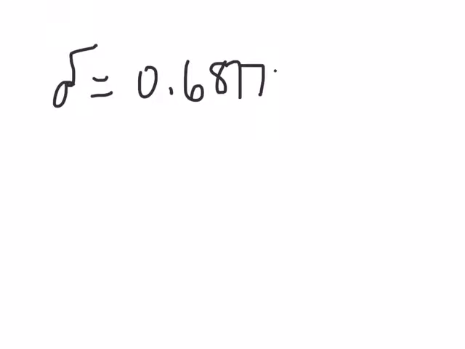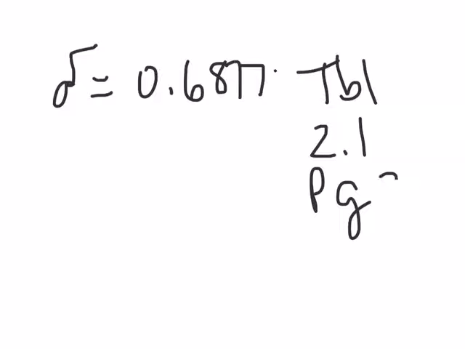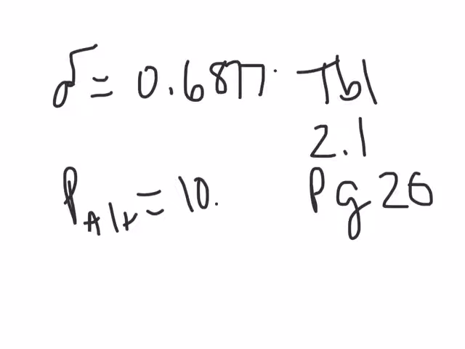If we say we have a pressure ratio equal to 0.6877, then if you go to table 2.1 on page 20 and you find 0.6877 for the pressure ratio, and you read to the left, you'll see that's a pressure altitude of 10,000 feet. Okay?